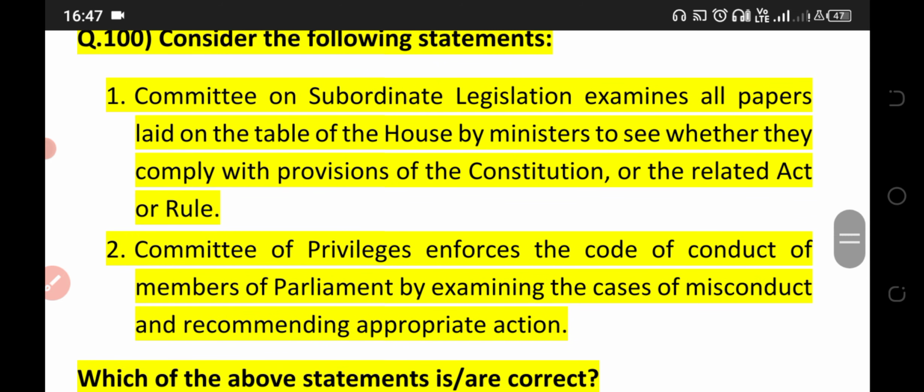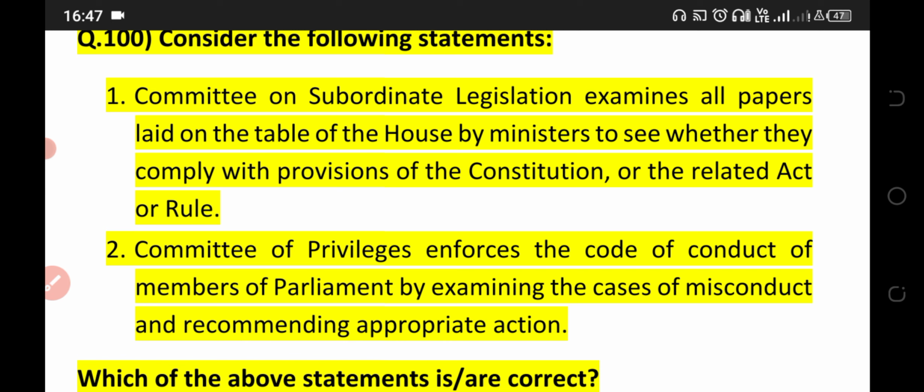Consider the following statements. The Committee on Subordinate Legislation examines all papers laid on the table of the House by ministers to see whether they comply with provisions of the Constitution or the related act or rule.